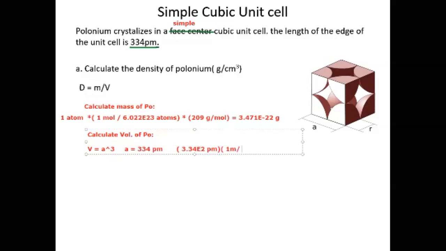One meter is 10 to the 12 picometers, and then 100 centimeters in 1 meter. This is how you convert between picometers and centimeters. So we convert first to meters and then to centimeters.